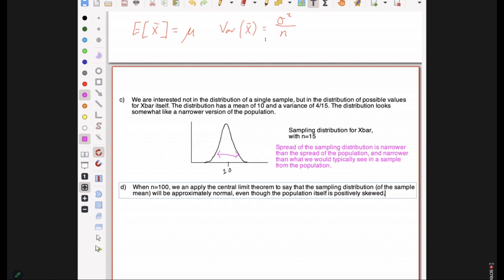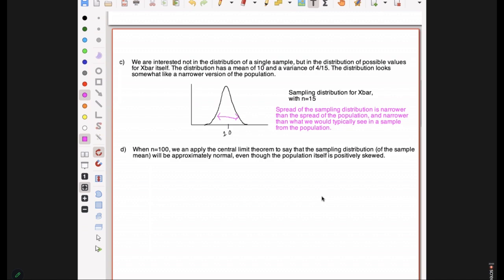So any distribution you want, with very limited exceptions, is going to be relevant for the central limit theorem, in that if we take large enough samples from that distribution and look at, for instance, here we're talking about a bunch of samples of size equals 100, the distribution of those sample means is going to be approximately normal.